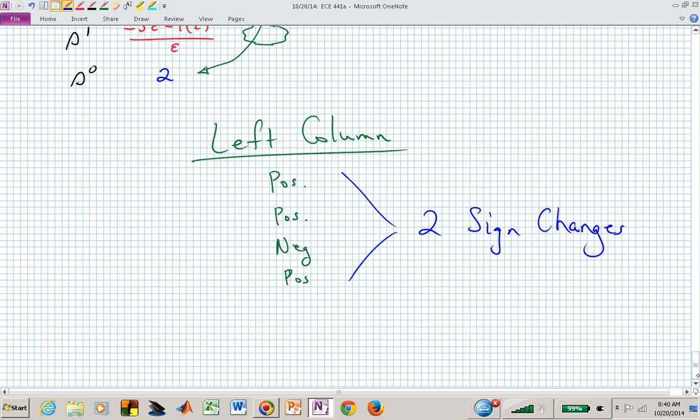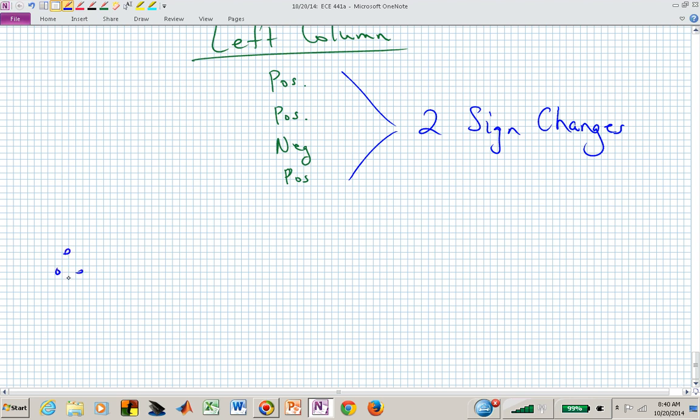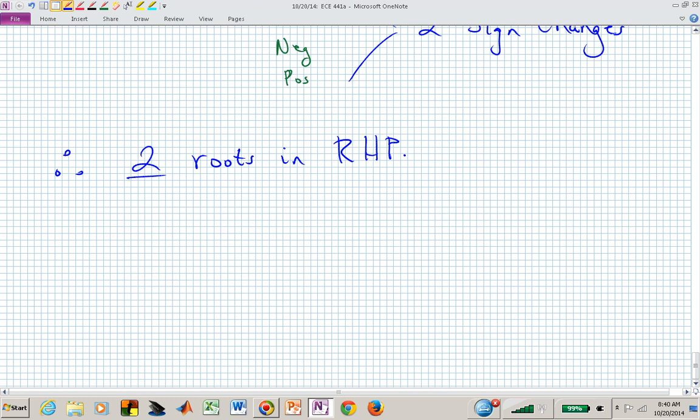If we have 2 sign changes, what does that mean about the roots of that cubic? We have 2 roots in the right half plane. And you could find those with your calculator if you wanted to.